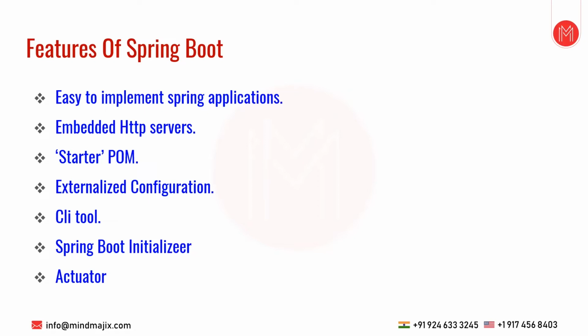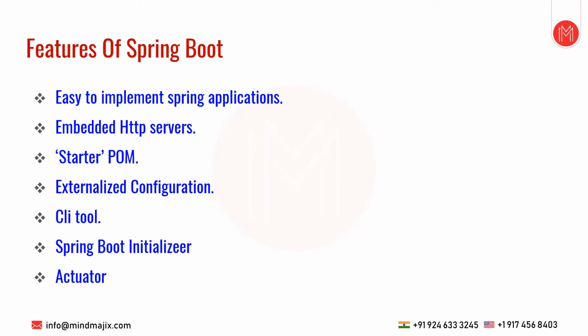And one more feature is, as I already told you, the starter POM. What is meant by a starter POM? When you are implementing a Spring application, you need to add a lot of dependencies in your pom.xml file. Am I right?